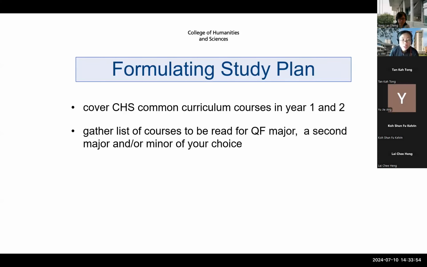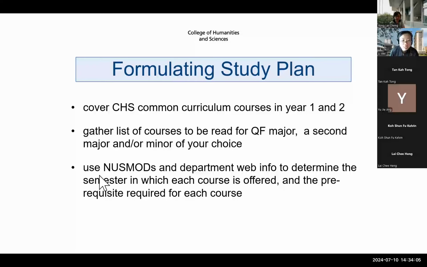And you also need to gather the list of courses to be read for the QF major, second major, or minor of your choice. Then you use the NUS MOS and the department web information to determine which semester you want to do which course and whether the course is offered or not. So make a good plan.